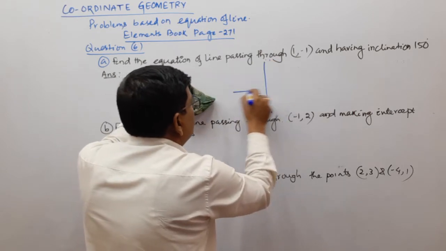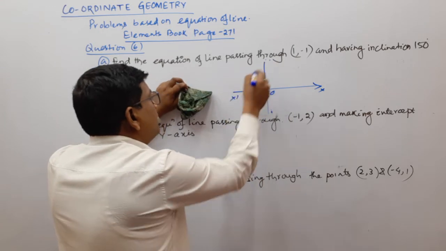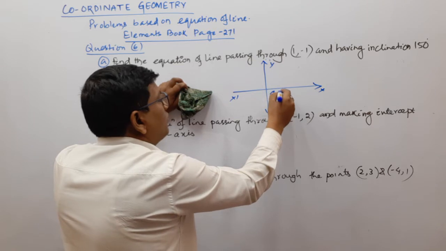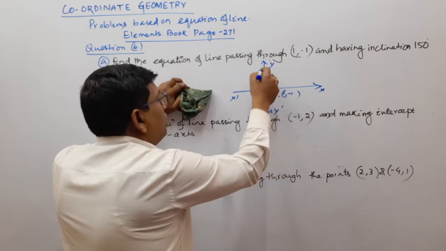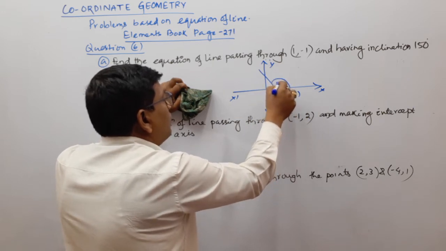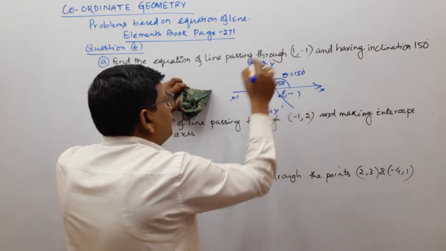Suppose this is the coordinate axis X'OX and Y'OY, and this point is (1, -1). The line passes through like this, making an angle here of 150 degrees, that is, theta is equal to 150 degrees.